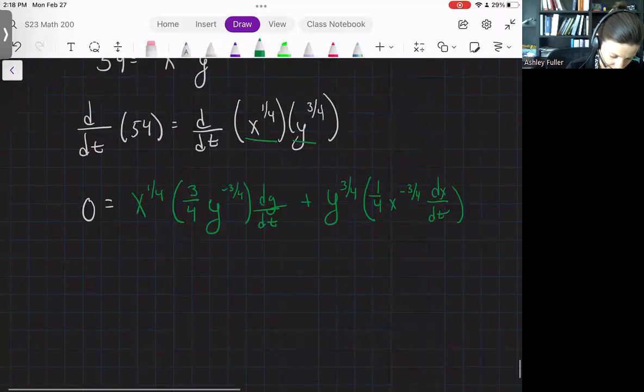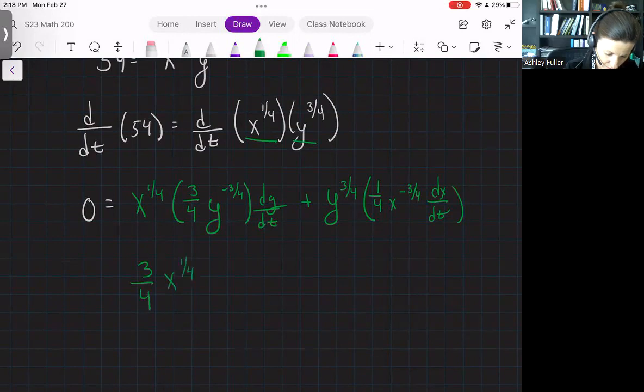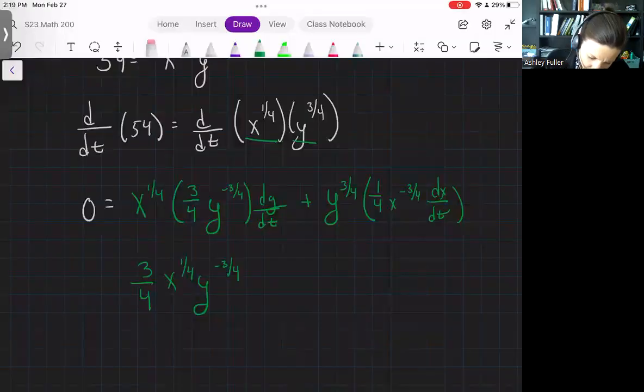When we simplify this, we end up with 3/4 x to the 1/4, y to the negative 3/4. And I'm sorry, that should be negative 1/4 in both of these when we subtract 1.